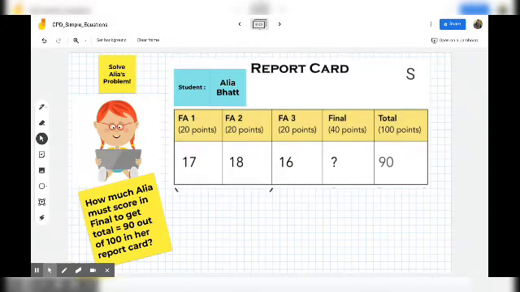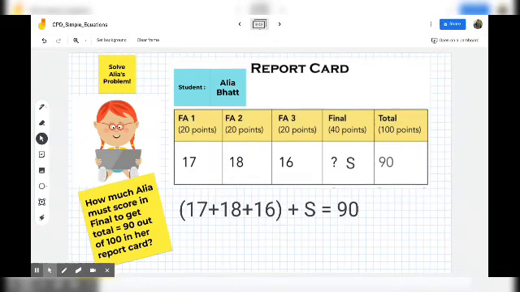Let's help Alia in framing her simple equation. Let's assume that Alia's expected exam score is S. Can we say that all her FA marks added to expected score becomes equal to 90? Or can we say that 51 plus expected score becomes equal to 90?